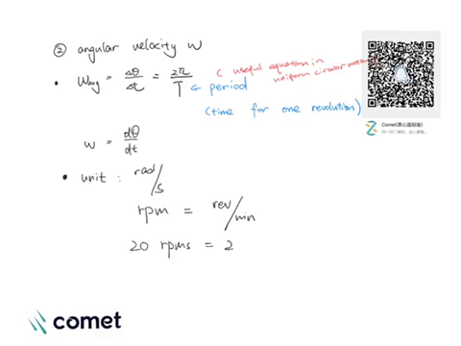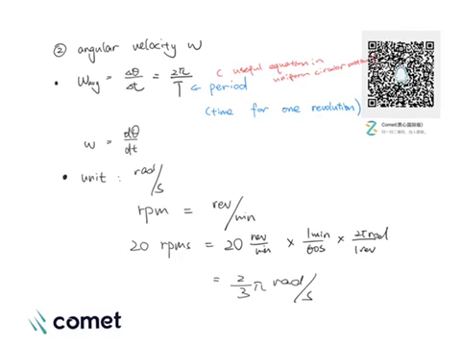We use 20 revolutions per minute times 1 minute over 60 seconds times 2 pi radians over 1 revolution. That gives the result: 2/3 pi radians per second.